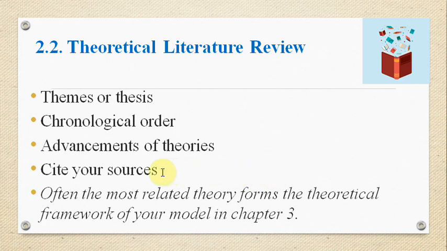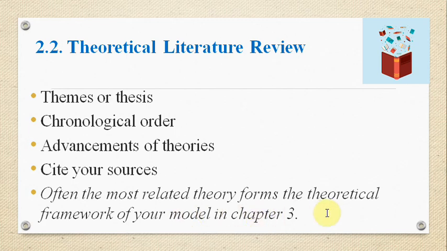In chapter 1 of this work, I have shown us how to cite work within the context of your literature review. Whether to say according to this, and then put the year in bracket, or put the author and the year in bracket. Check chapter 1, you see that. Okay? Now, in most cases, if you do this theoretical literature review well, the theory most related to your thesis or to your objective will become the theoretical framework of your model in your chapter 3.